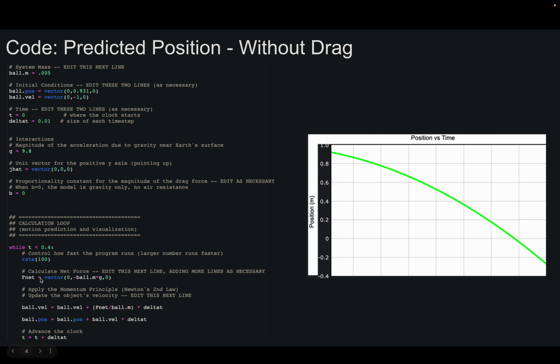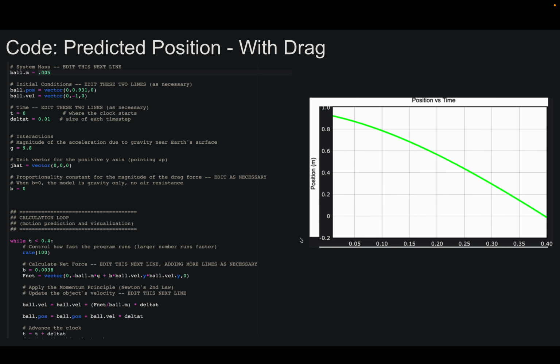You can see that the net force equals only the effect by gravity, which is mg, and the equation would be as explained before. This is to update the velocity, and this equation would be to update the position. And this is the graph that it made without accounting for the effects of drag.